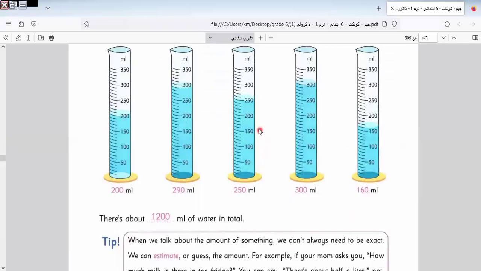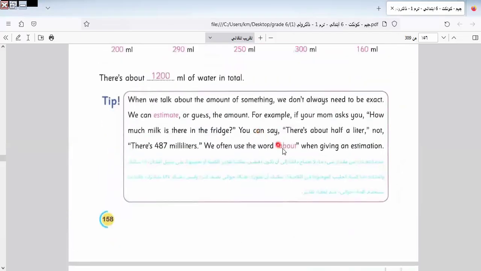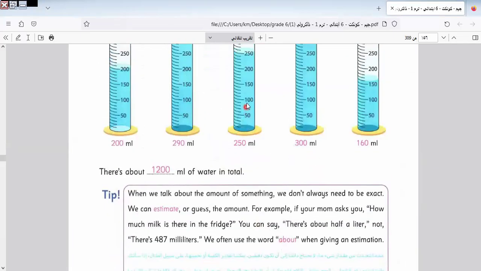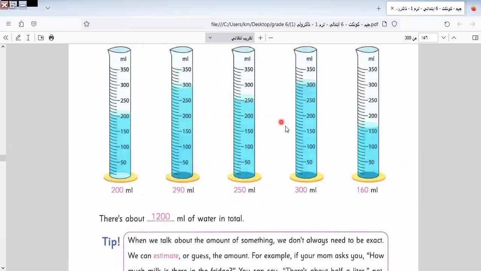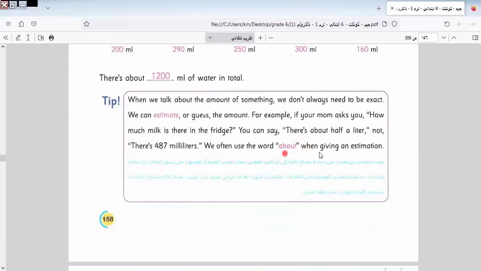I think half a liter means like this. Okay, this is half a liter of milk. There is 487 millimeters. We often use the word about.